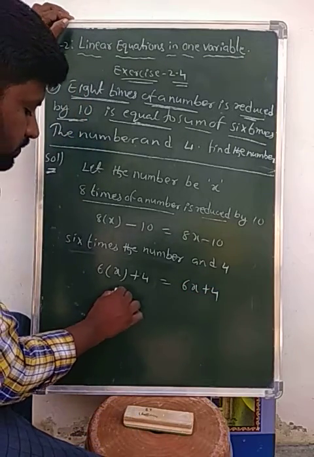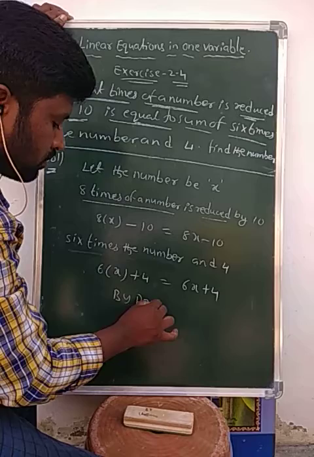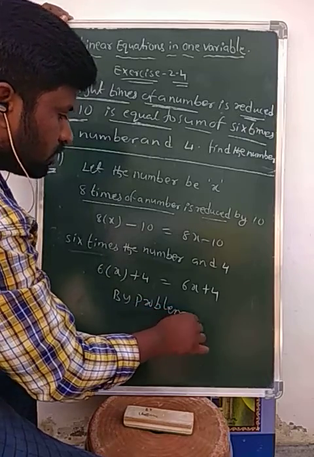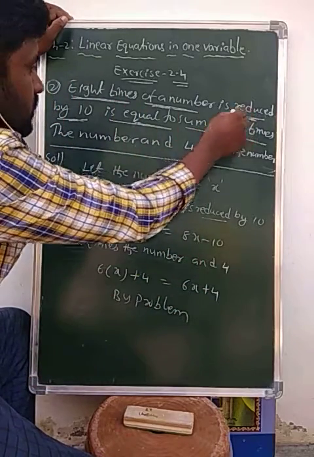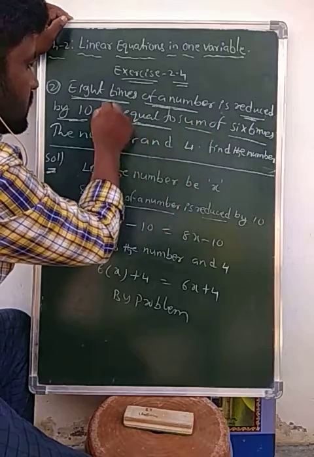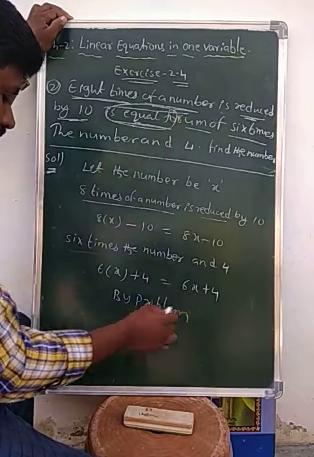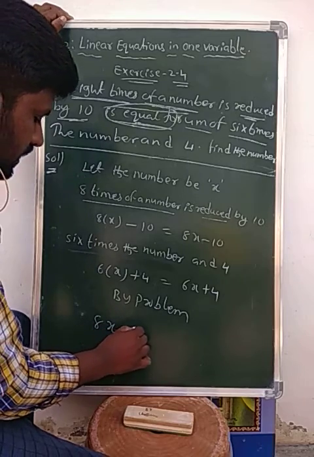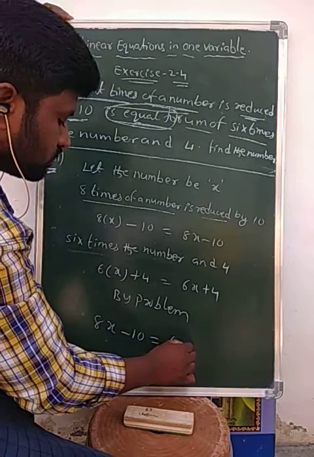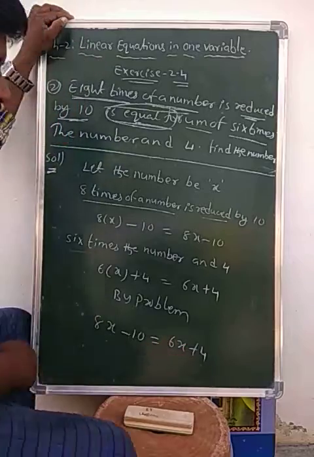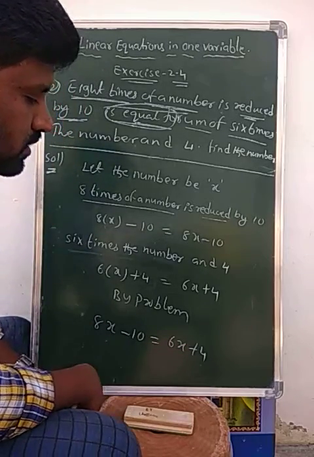By the problem, 8 times a number reduced by 10 is equal to this, so equate these two. 8x minus 10 is equal to 6x plus 4. So this is the required equation.